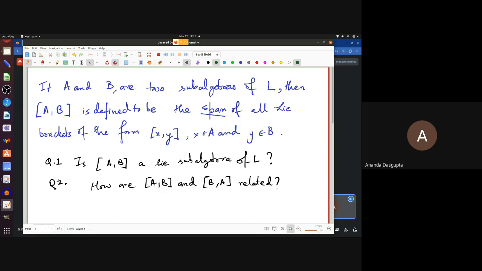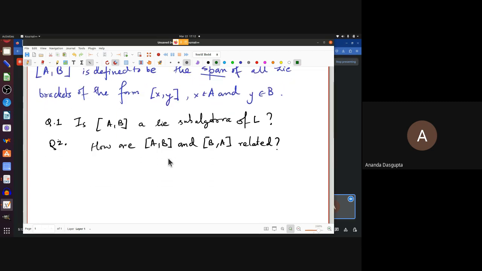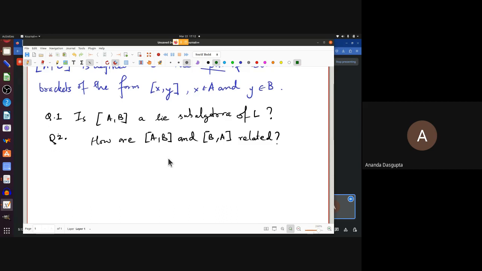And then you might again ask the question, if A and B are not subalgebras but are actually just subsets, what is the status of this bracket between A and B? Is this a subalgebra or is it not? So I will leave you to worry about these things. It's a very straightforward algebraic issue. You should be able to figure it out yourself.